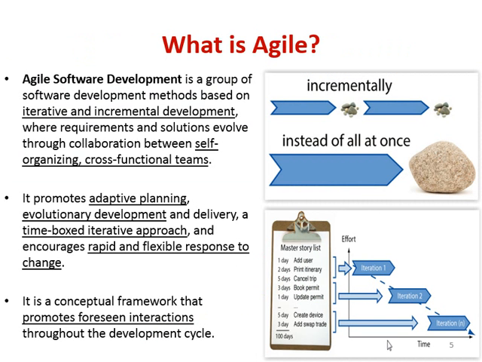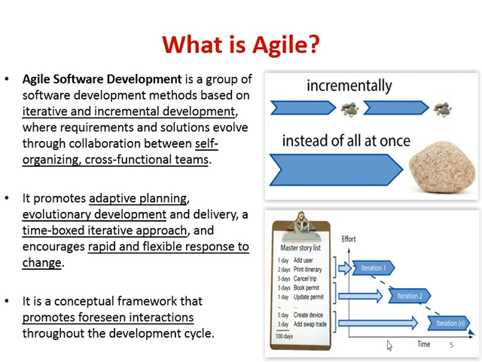So what is Agile? Although I have talked a lot about Agile, to give you a snapshot in a nutshell, Agile software development is a group of software development methods based on iterative and incremental development. We have discussed this already in our earlier module, module 1, where requirements and solutions evolve through collaboration between self-organizing and cross-functional teams.